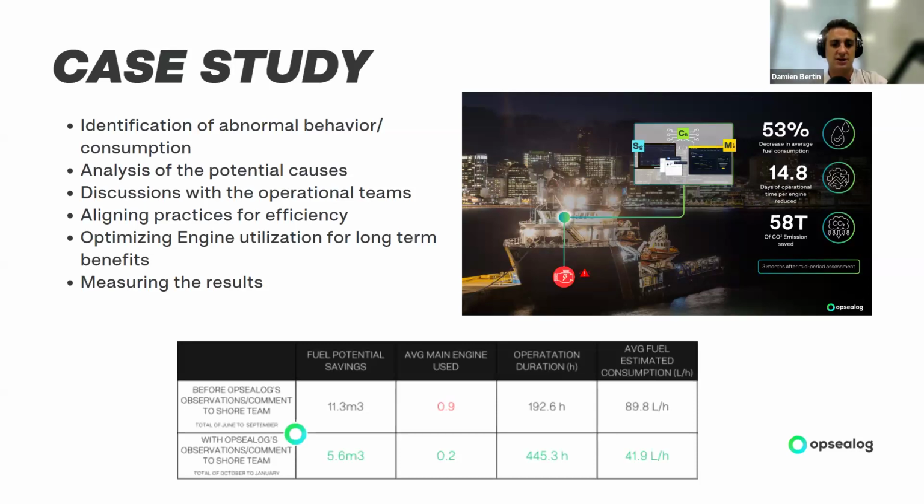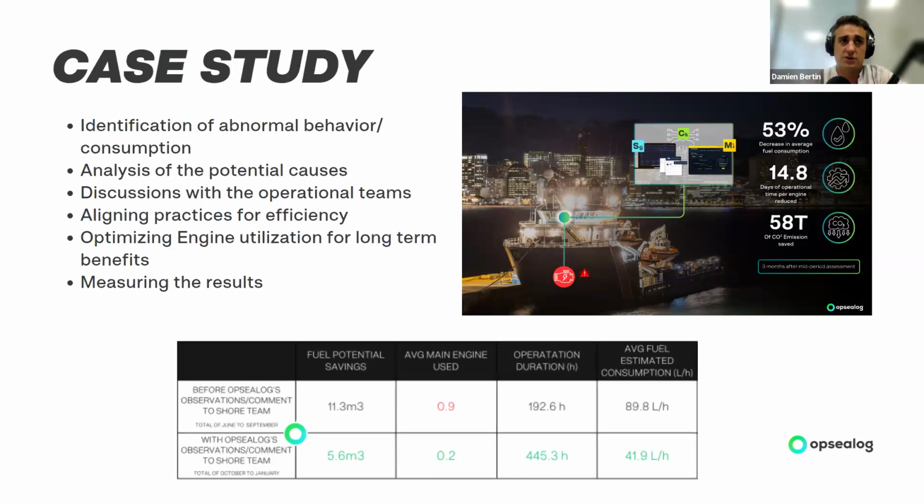As you can see, before the implementation of this best practice, fuel consumption was just above 11 cubic meters. No, sorry, this was the fuel that could have been saved. So the quantity was higher than 11 cubic meters. After we implemented the solution, we divided these potential savings by 2.